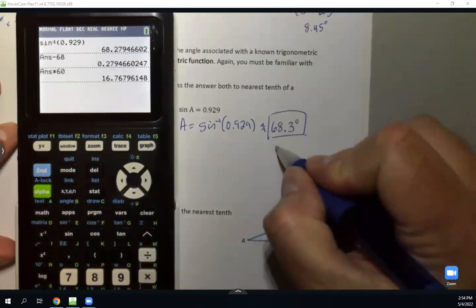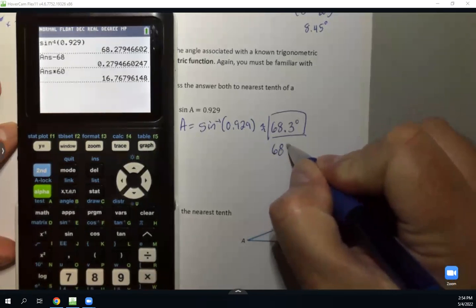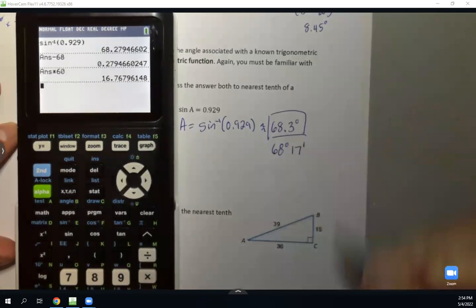So that would be about 68 degrees and 17 minutes. And again, if I had rounded and gotten the 0.3 and then times 60, I would get 18 minutes instead of 17 minutes.